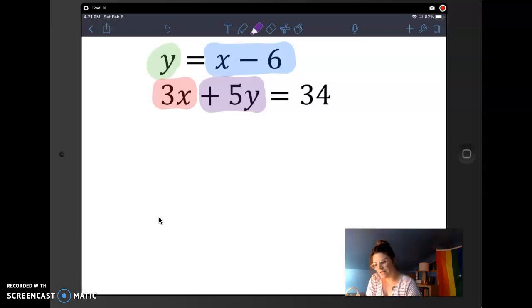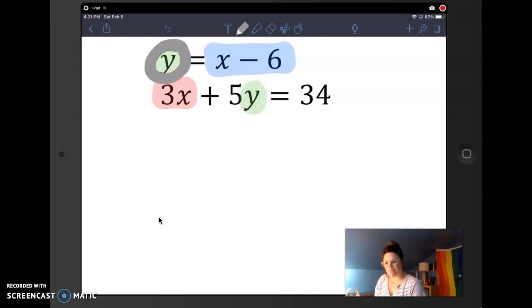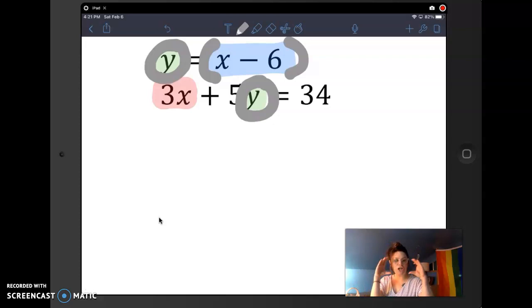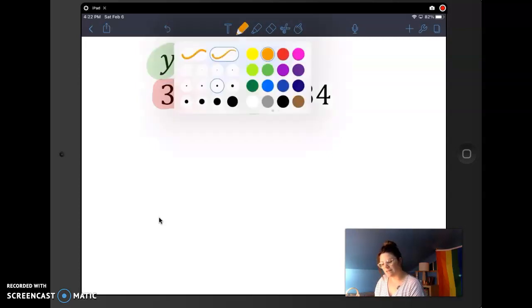However, we know that each one of the dollar bills could be replaced by 2 stacks of 50 cents. Let's break it down a little bit more. Essentially what we're saying is that since this is a y and this is a y, if y is equal to x minus 6, I can take that little piece of an equation and put it inside the other equation. So you look for the variable that's alone, which is the y.